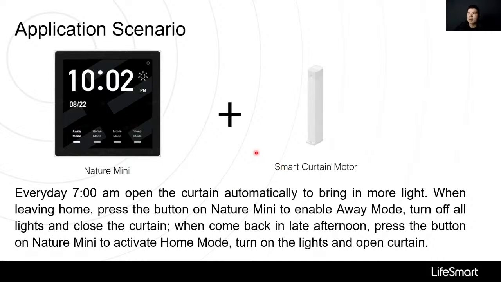When leaving home, press the button on Lecture Mini to enable away mode. Away mode turns off all lights and closes the curtain. When coming back in late afternoon, press the button on Lecture Mini to activate home mode, turn on the lights, and open the curtain.